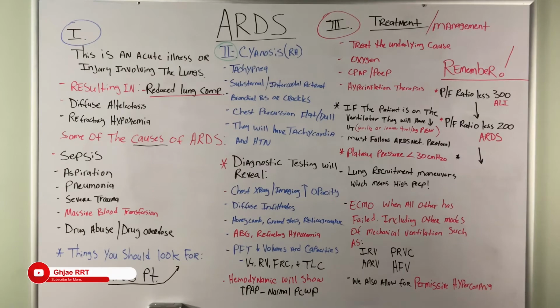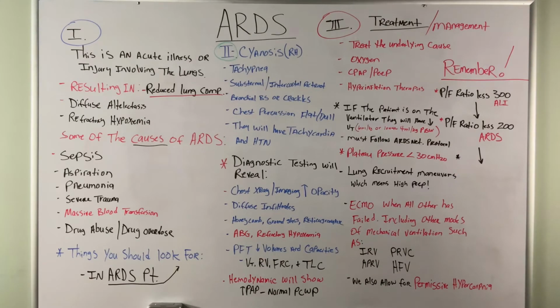Now, when you do diagnostic testing on these patients, you will find a lot of things, especially with chest x-rays, or imaging, as they may call it on the TMC exam. You know, we're getting away from saying x-ray.